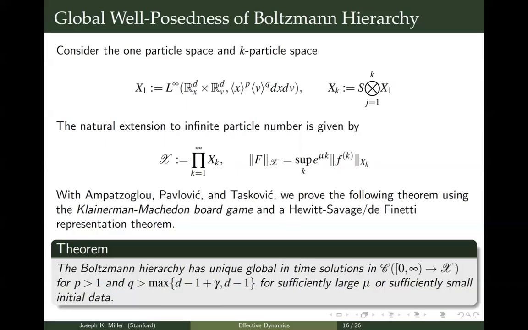So B of v minus v1 and sigma is something like B of sigma times |v minus v1| to the gamma. We were able to show this by using this particle.